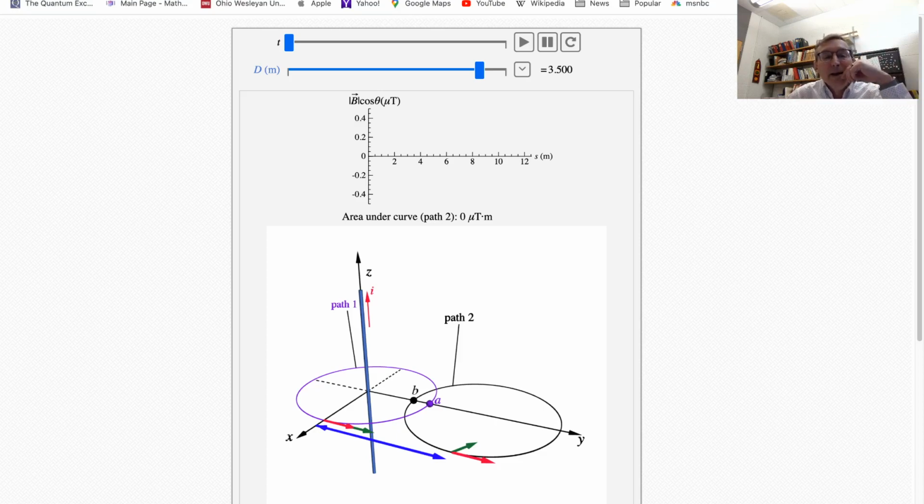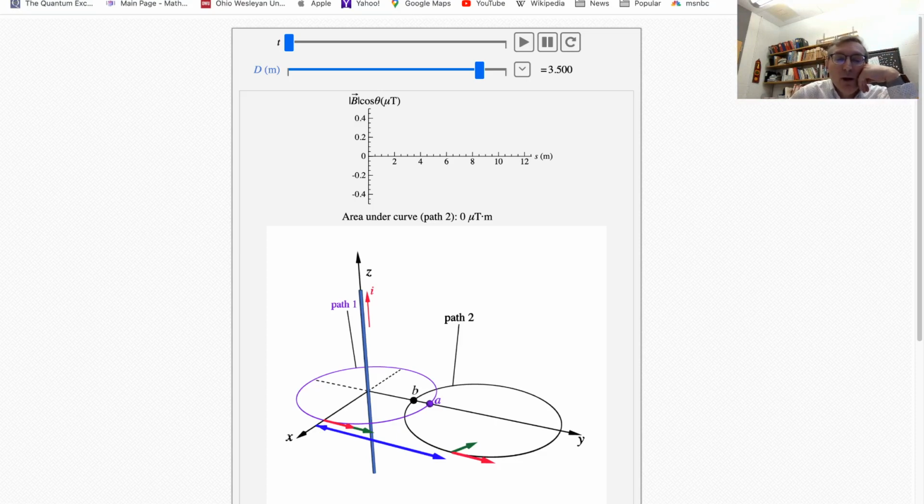When I run the animation, the picture is basically going to do a graphical version of the magnetic circulation, the integral of B dot ds around the loop. The way it's going to do it graphically, it's going to take the component of B along the loop, the component of B along the ds.